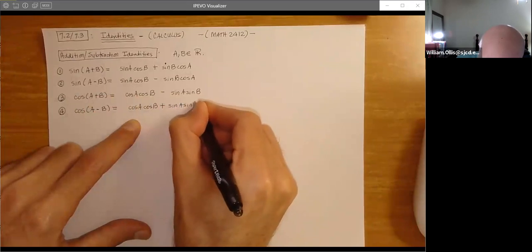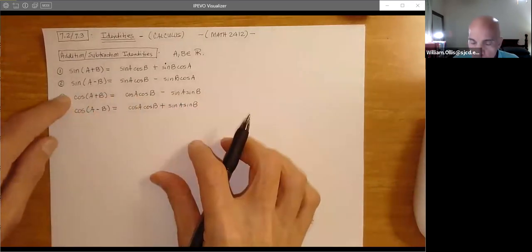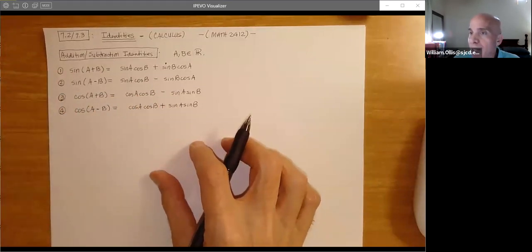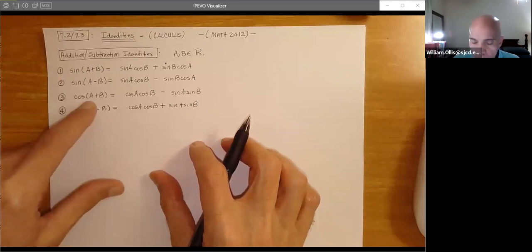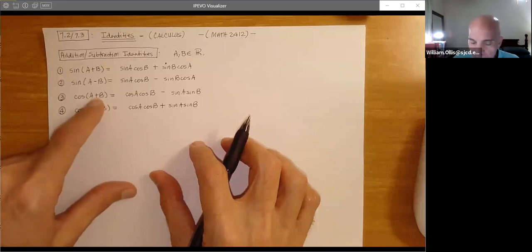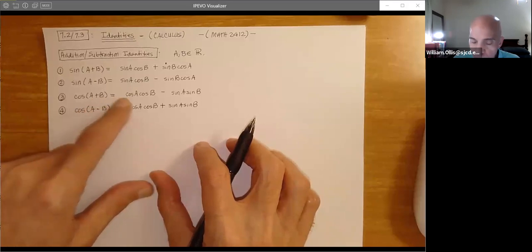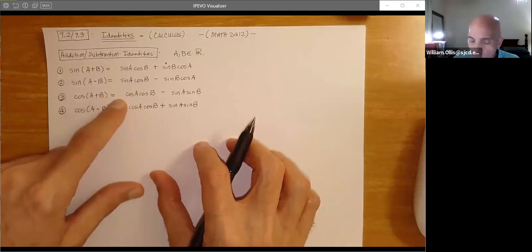Now, when you talk about proving these, you usually start with this one, and then you can get the other three very quickly using cofunction and just the odd and even nature of the sine and cosine. So again, if I have time, I'll go ahead and go over this, but time is a little bit on the short side. So when I can work it in, I will.